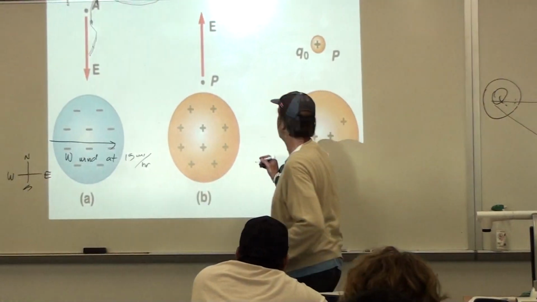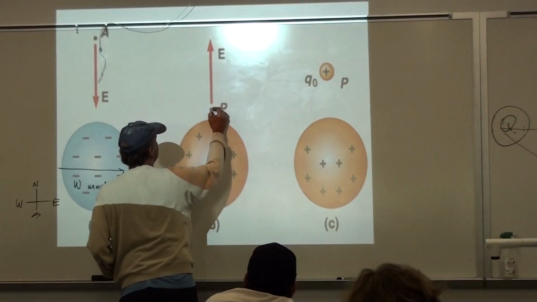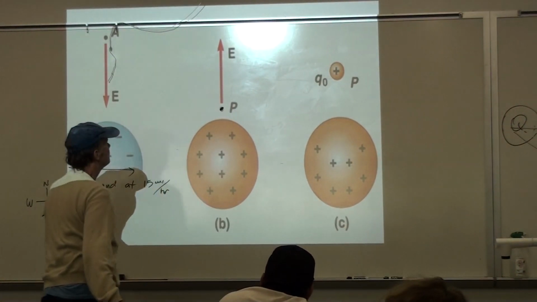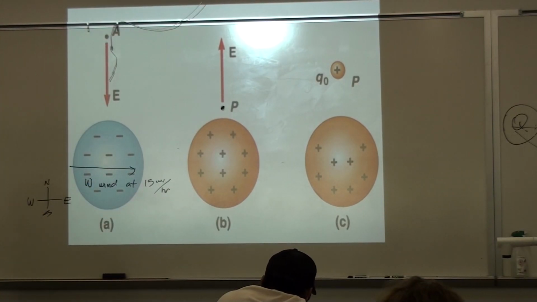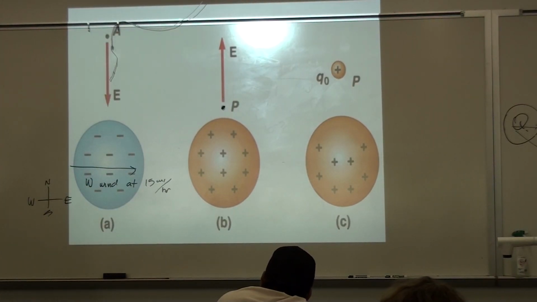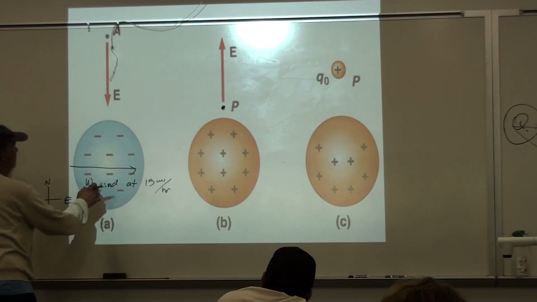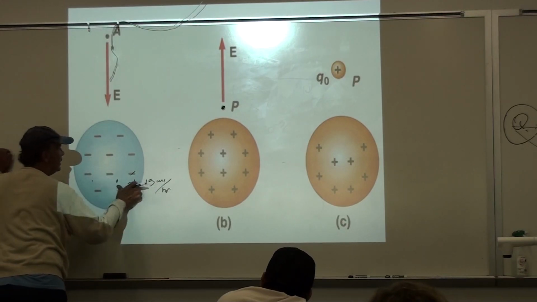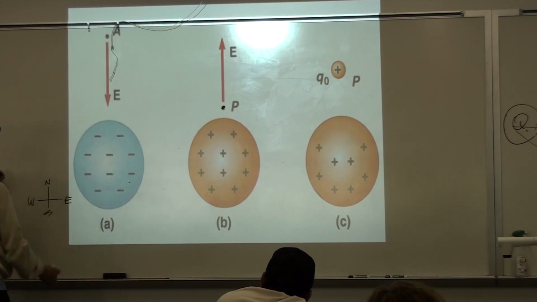Okay, so if it's a positive value, then at this point P, there's going to be a certain electric field vector that'll point straight away from positive, but for this negative charge, the electric field will point straight toward negative from a particular point.